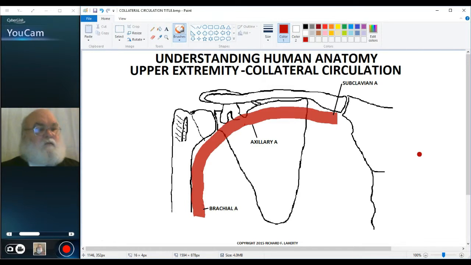And from the last video, recall that there's a dorsal scapular artery which runs on the medial border of the scapula, like so.